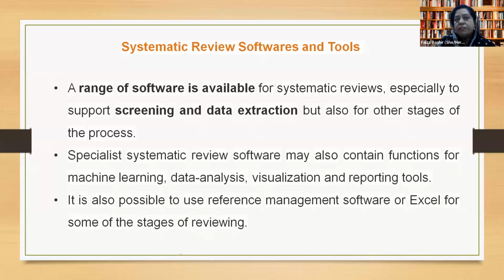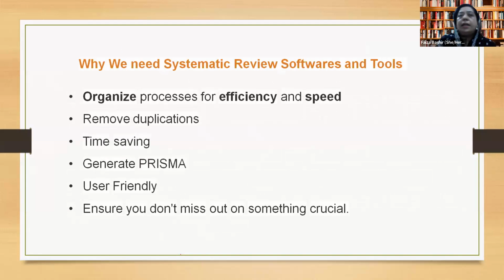Specialist systematic review software may contain functions for learning, data analysis, visualization, and sometimes they include report writing and writing tools. Sometimes while conducting our literature reviews we use Excel, and sometimes we use reference management software like Mendeley and EndNote, etc.